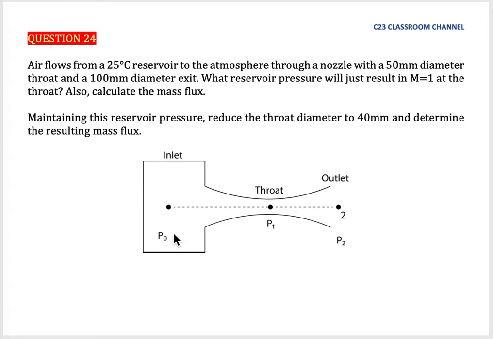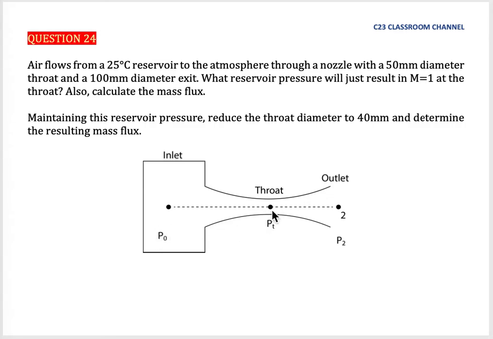So we could say that pressure at reservoir here is the stagnation pressure, because we have pressure inside the reservoir but we don't have any velocity here, so it is suitable as stagnation condition. So Mach number here is 0, velocity is 0, but in reservoir it has a certain value of pressure. So we could say that pressure at reservoir here is P0, which is stagnation pressure.